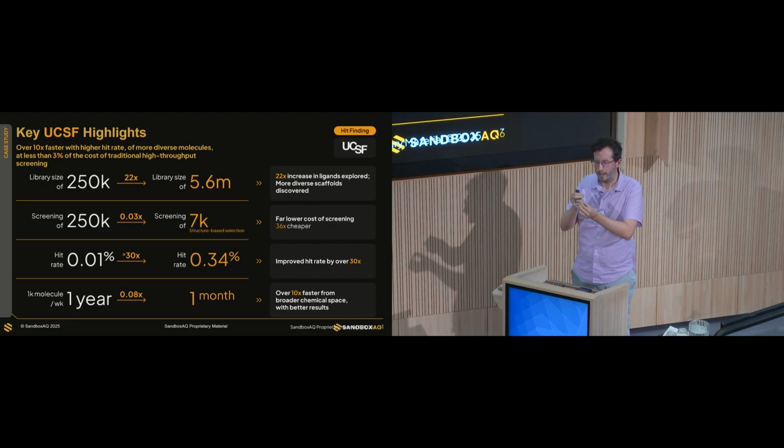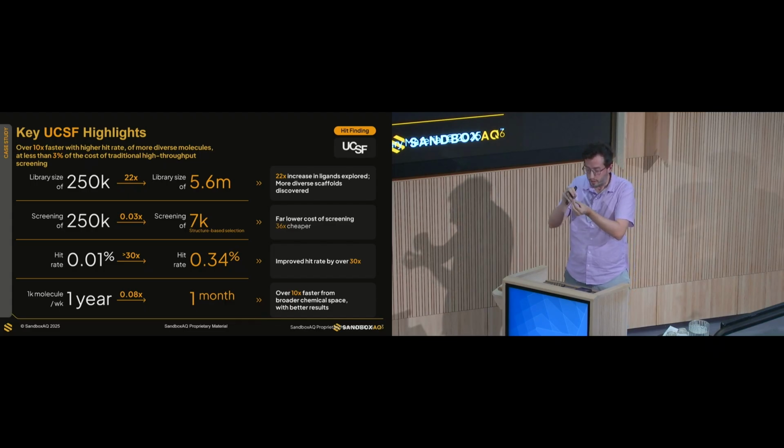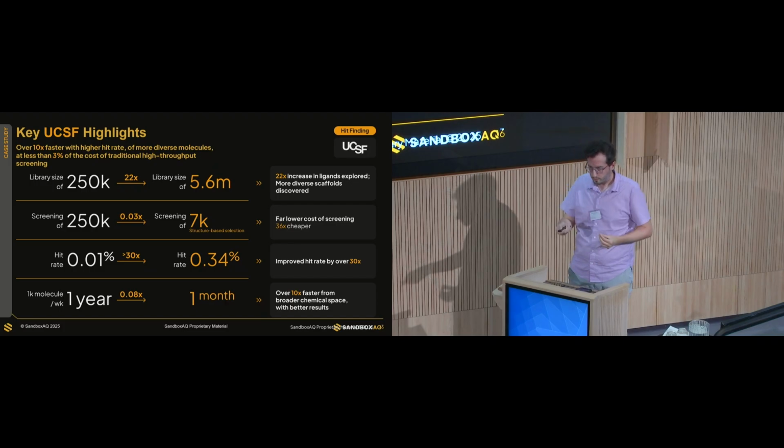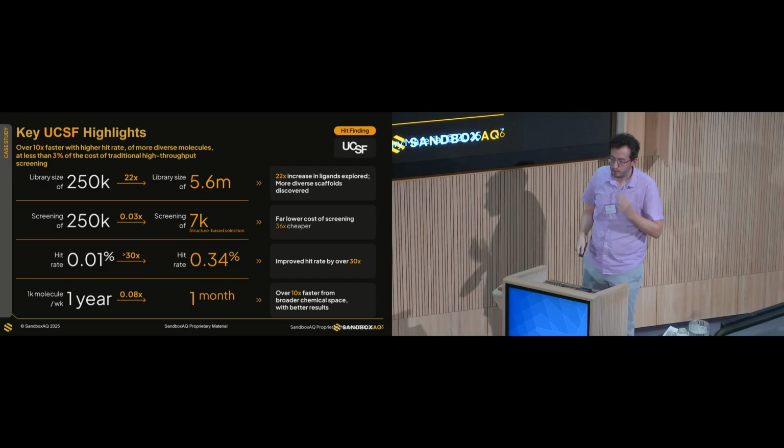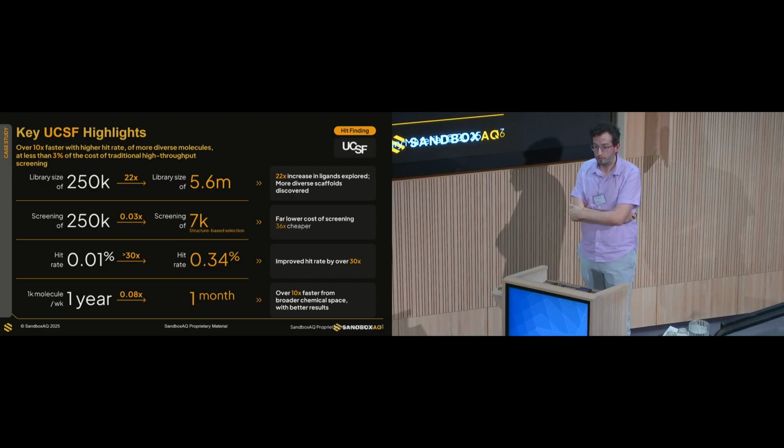The hit rate meaning how much success you get when trying to bind a new molecule to these targets. Well, you'll see that the hit rate, even after improvement, like it's a 30x improvement, is still really, really, really small. Okay, and this is what I mean when I say these problems are super hard.